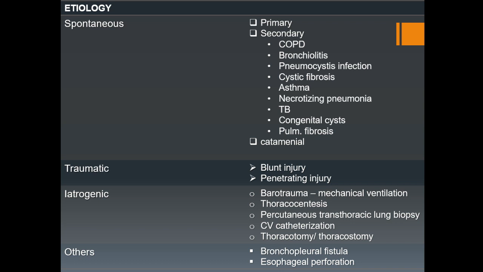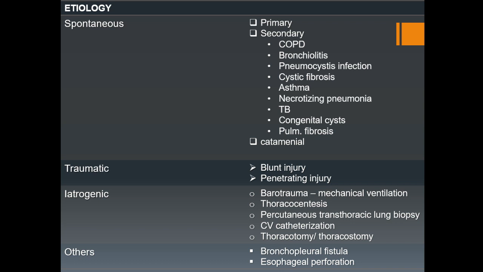Also central line catheterization, cardiovascular catheterization, may lead to perforation of the dome of the pleura. Or thoracotomy or thoracostomy. Thoracostomy means chest tube insertion; thoracotomy means open cut of the thorax, what we call it when you have lung surgery.